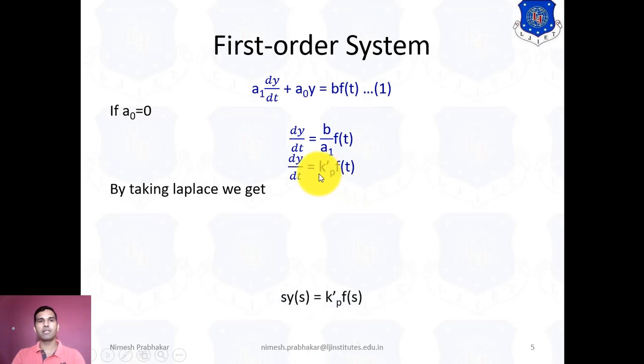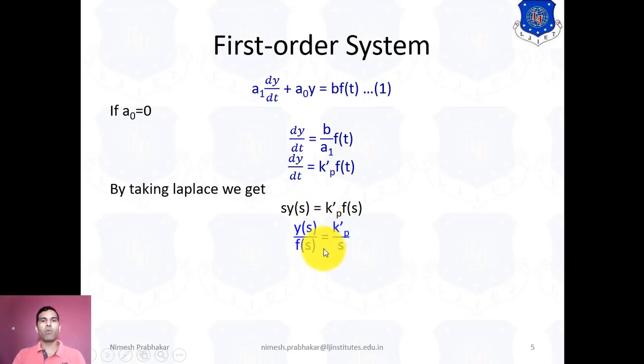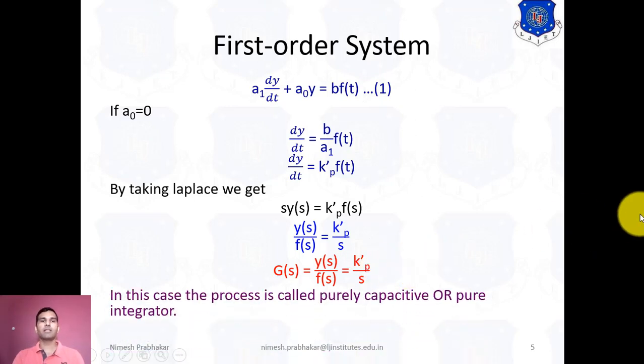So we can write y of s is equal to kp dash into f of s. Now we rearrange this equation, so we get y of s upon f of s is equal to kp dash upon s, and this case is known as a pure capacitive or pure integral system.